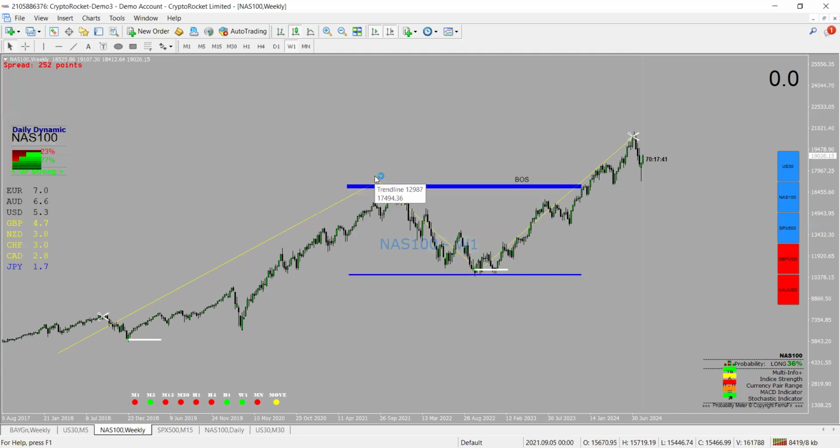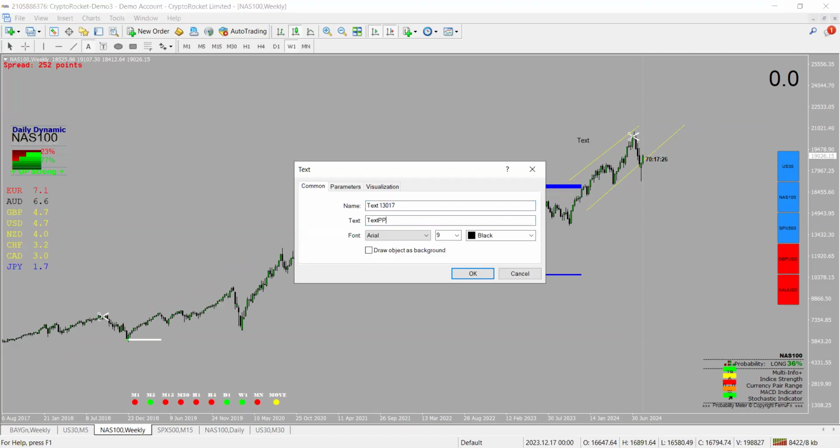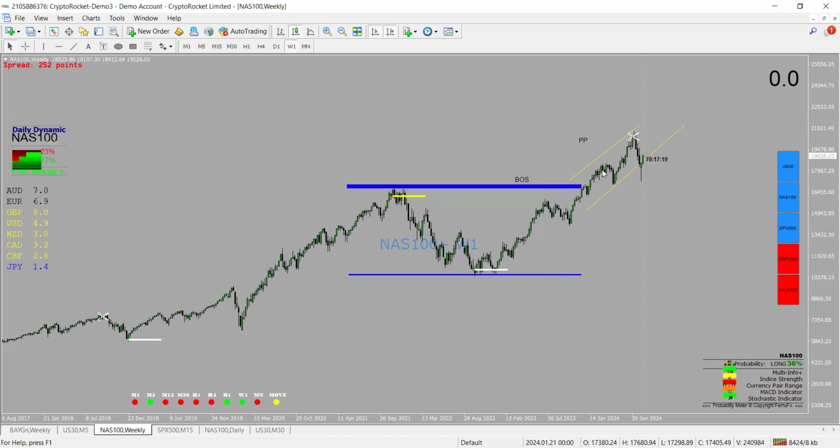Now, if I get rid of these lines, we know what phase this is. This is a push phase. We know that this is a push phase.